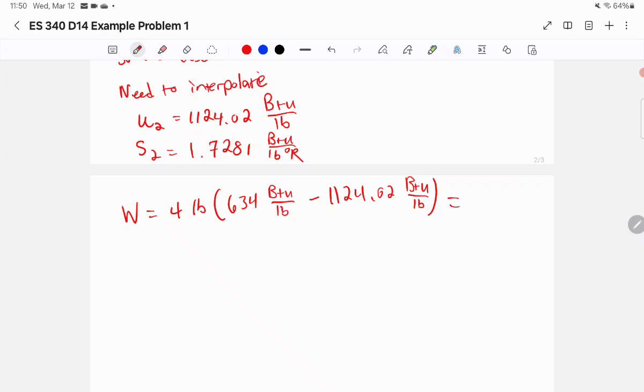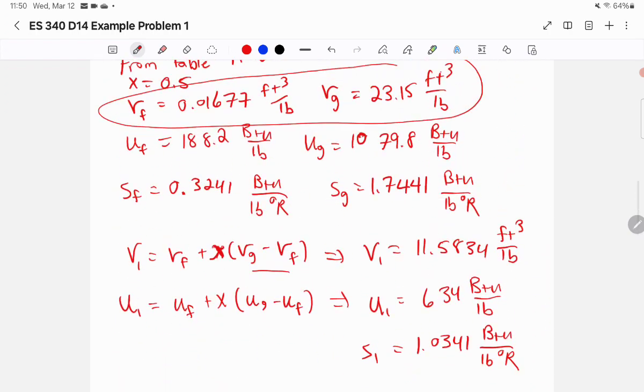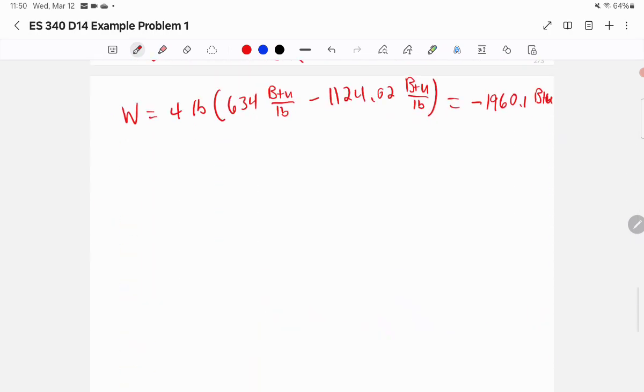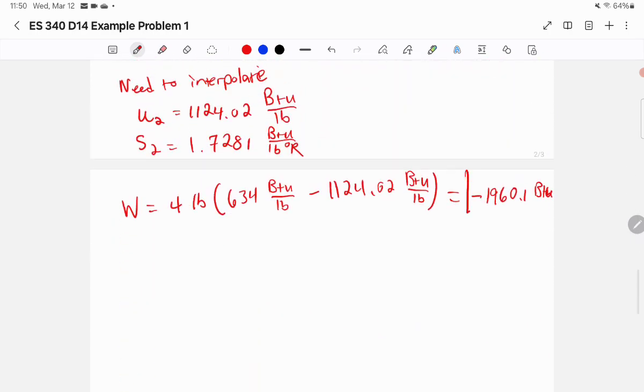And what that comes out to be is minus 1960.1 BTU. So that's my amount of work done. And then up here we also found that this was the case for sigma. So this was part A. This was the answer for part A.